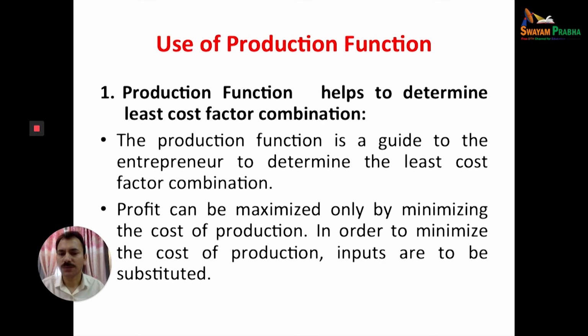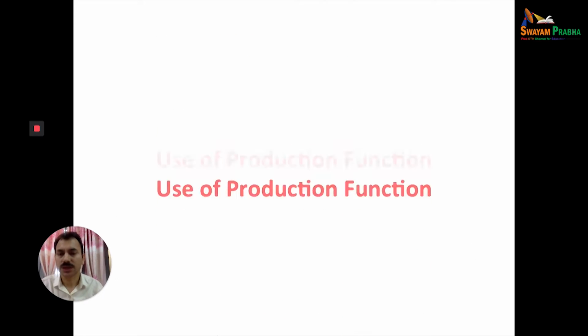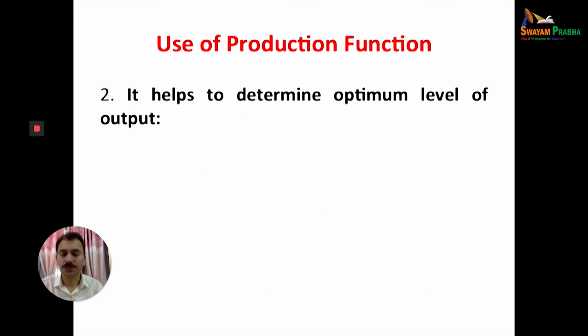In order to minimize the cost of production, inputs are to be substituted. And how the factors of production can be substituted for one another, this production function will guide the producers. Second, it helps to determine the optimum level of output.